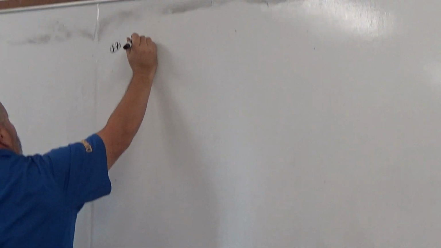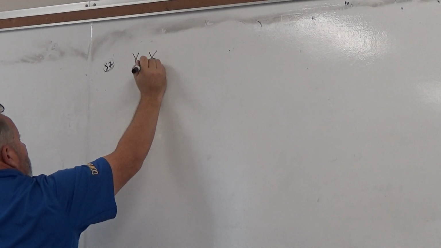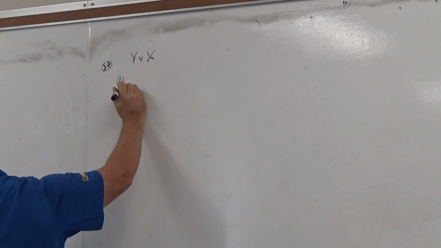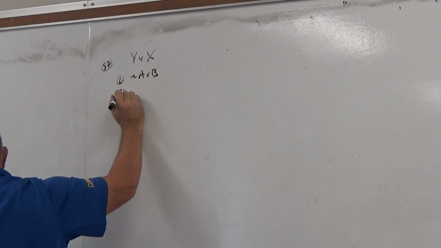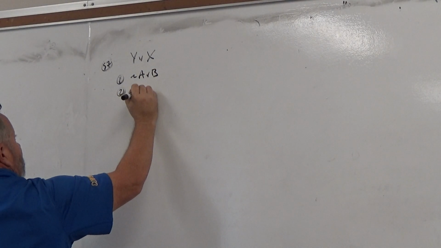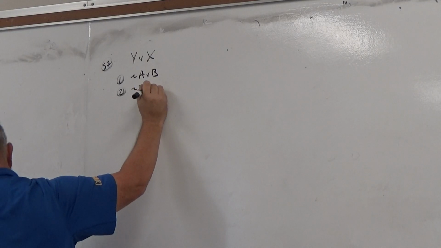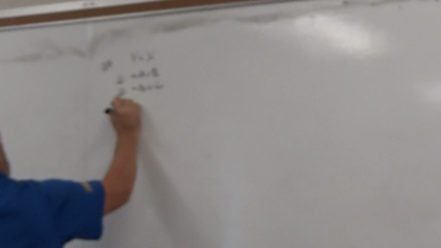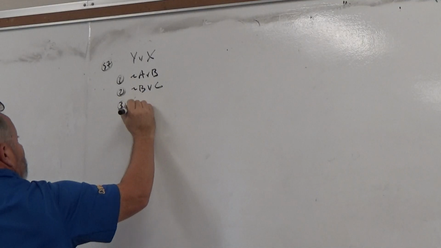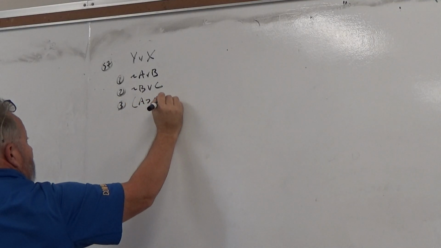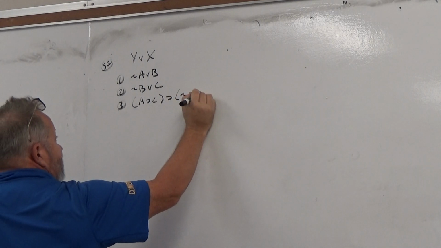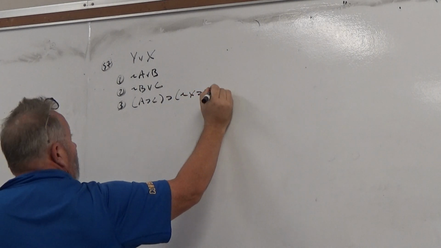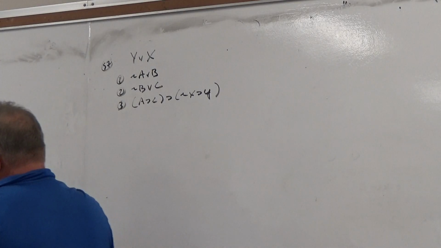57, Y or X. 1 is not A or B. 2 is not B or C. 3 is A, then C, then not X, then Y. Okay.